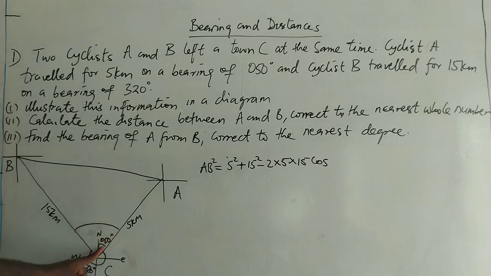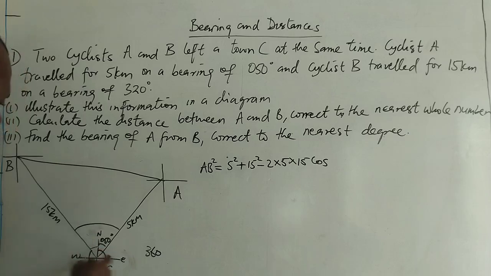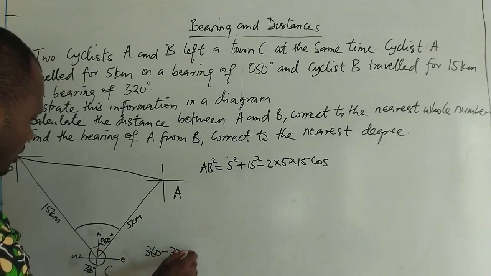To get this angle, we already have a portion of it, which is 050. Then it remains this one. Once we get this, we add the two of them, and that will give us the angle we need. And to get it, if you look at this diagram, you will see that we have 320, which is from the north round up to this point. So to get this particular portion of the angle, what we need to do is 360, that is sum of the angles at a point, minus 320.